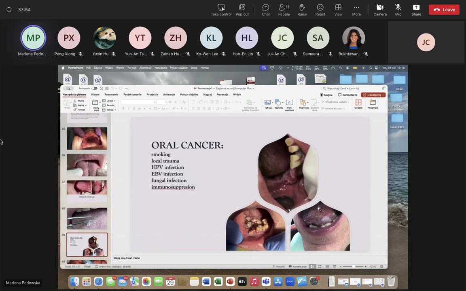And the lesion which we would like to diagnose, at least we would like it to be less common than it is now, but unfortunately it becomes more common.